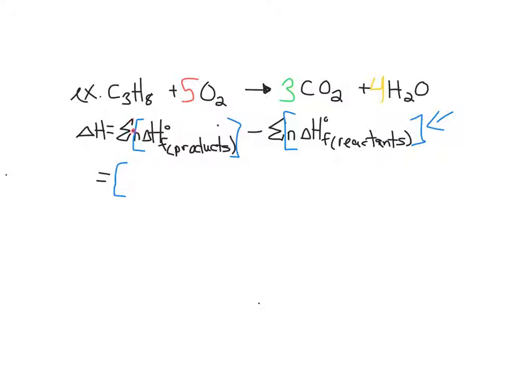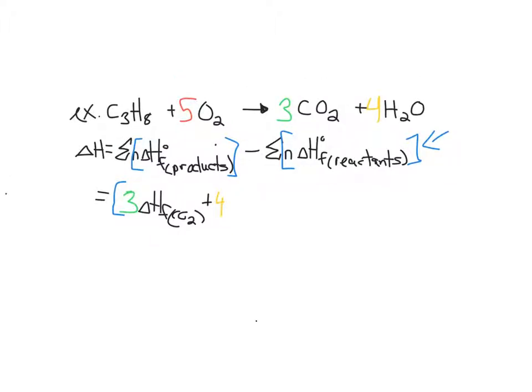But because we have to times it by number of moles, we have 3 moles of carbon dioxide, so we're going to start with 3 times the standard enthalpy of formation of CO2, and then we add that to 4 times the standard enthalpy of formation of water.